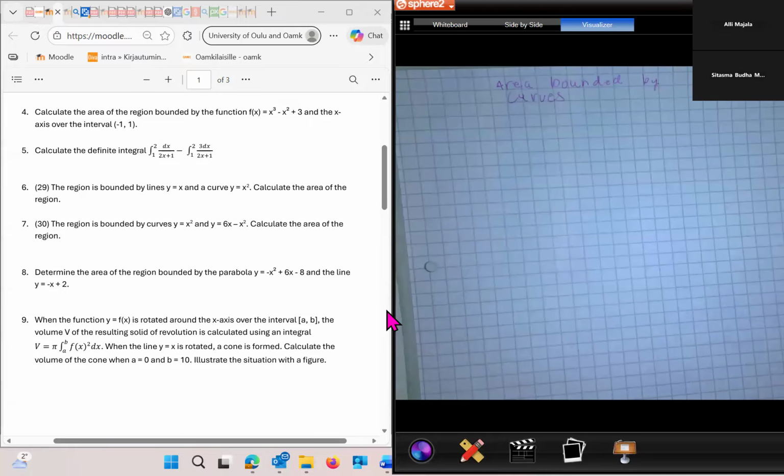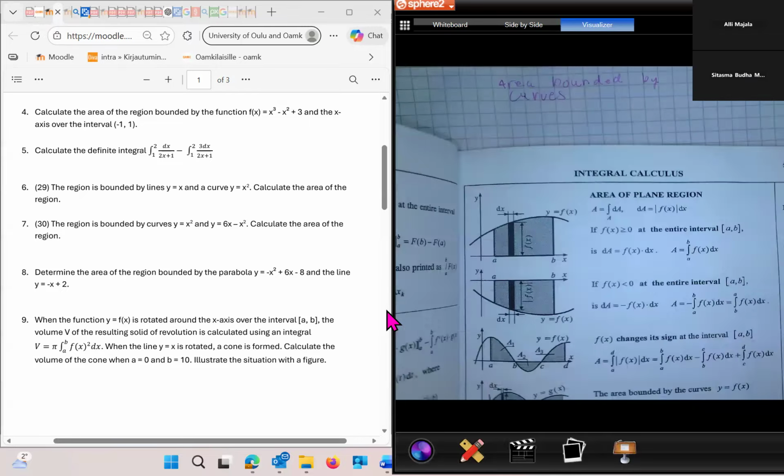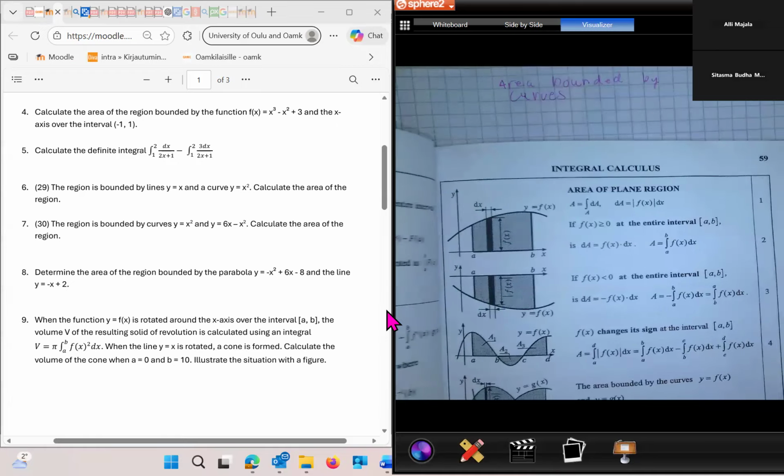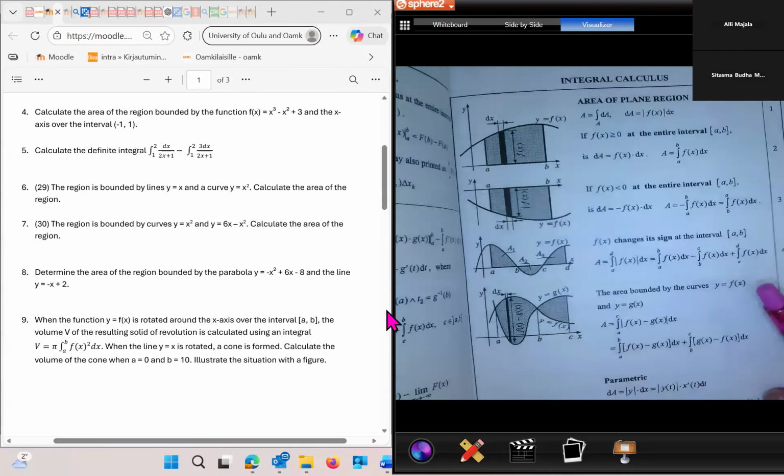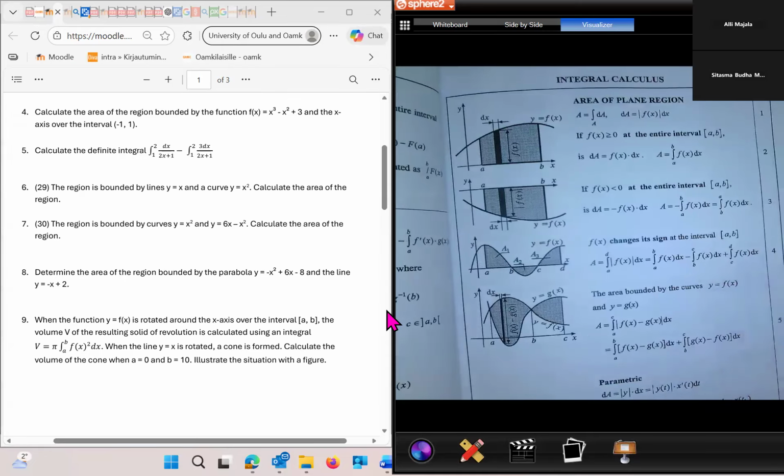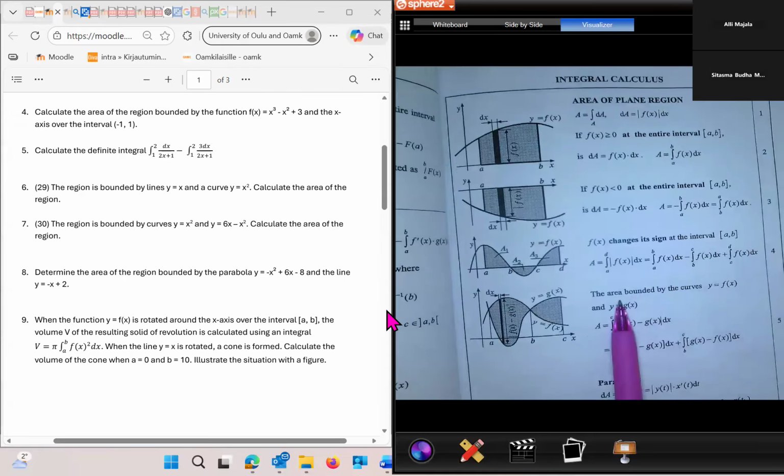In technical formulas, we are on page 58, area bounded by the curves.